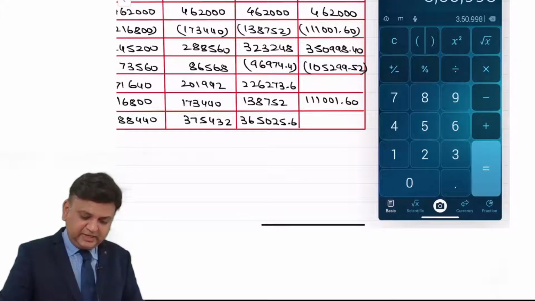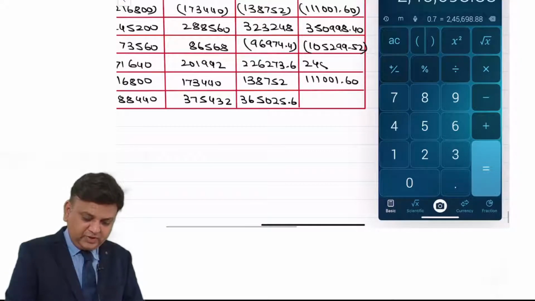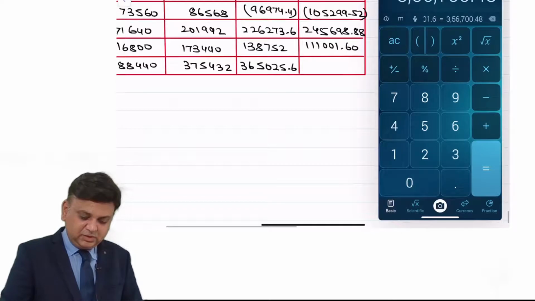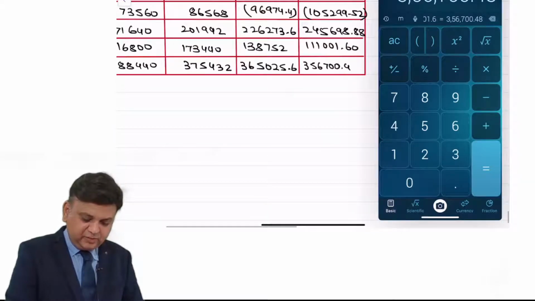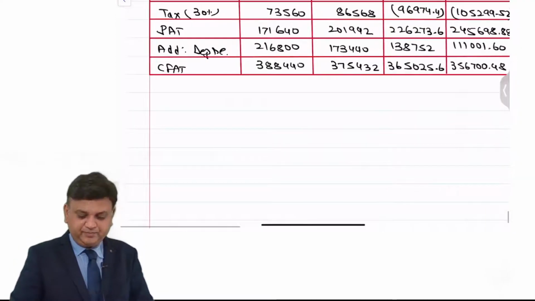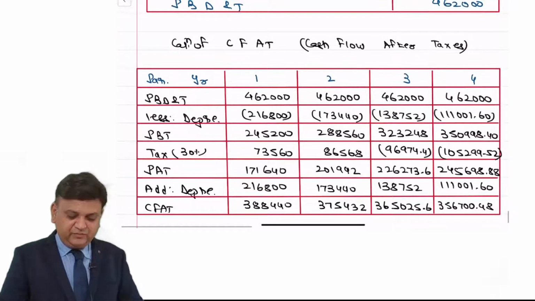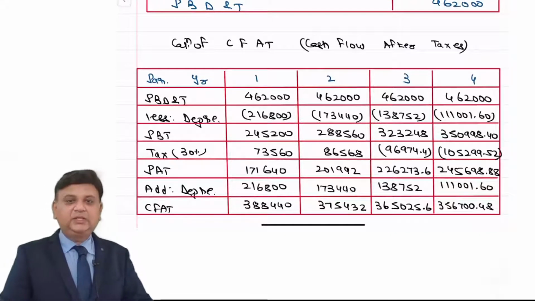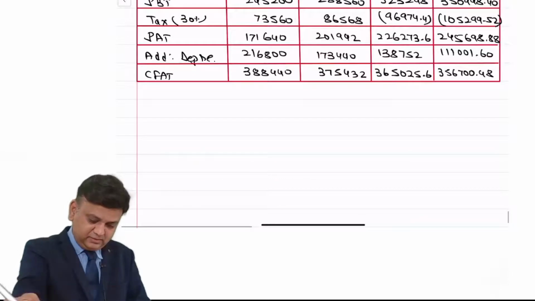So 350,998.4 into 0.7 is 245,698.88, plus 1,11,001.60, 3,56,700.48. This is the way the CFAT can be found from year 1 to year 4. Then step number 5 is NTE.